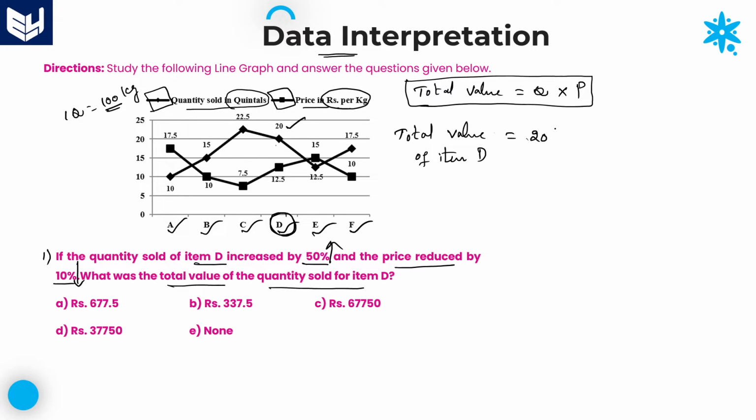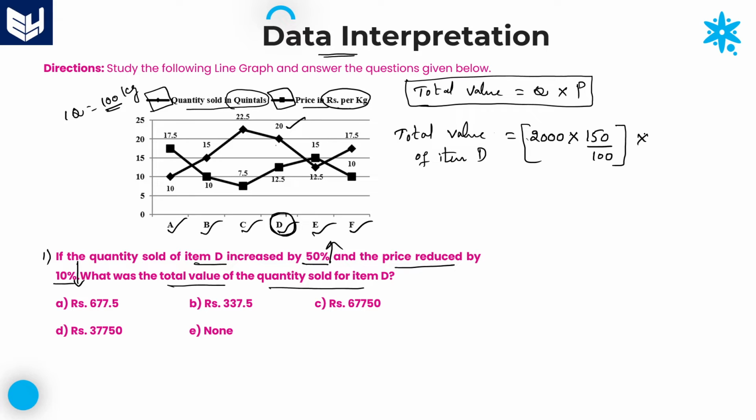You want to write this in terms of kgs, because the price of each item is given per kg, so you multiply by 100 and get 2000 kgs. 20 quintals is nothing but 2000 kgs, and this value is increased by 50 percent, so it becomes 150 percent. This is the total quantity of item D.